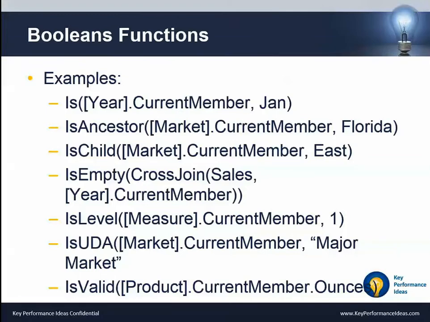Is the current member for measure a level 1 in the outline? Is the current member for market, does it have a major market UDA on it? And is the current member for product ounces, is it valid for ounces? Does it have that ounce attribute on it?